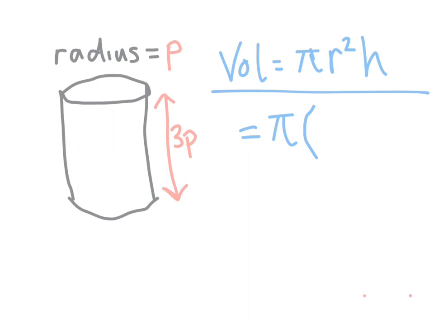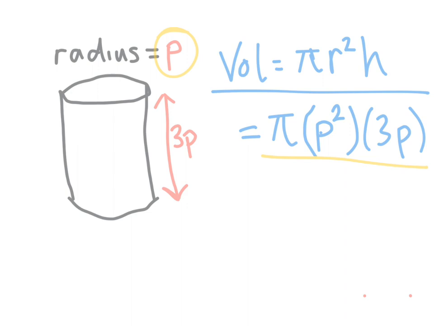So our radius, as it says over here, is p. So I'm going to multiply pi times p squared. And then the height is 3p, okay? So I need to multiply all of these things together. Now, we leave the variables to last and we do the numbers or the constants first. So we want to do pi times 3.